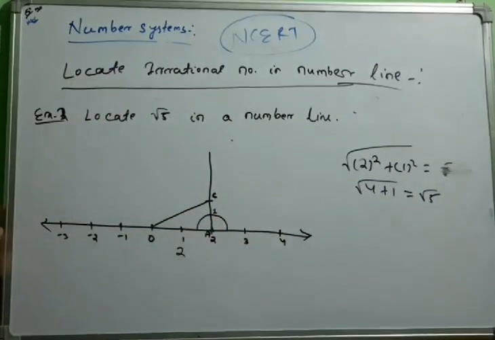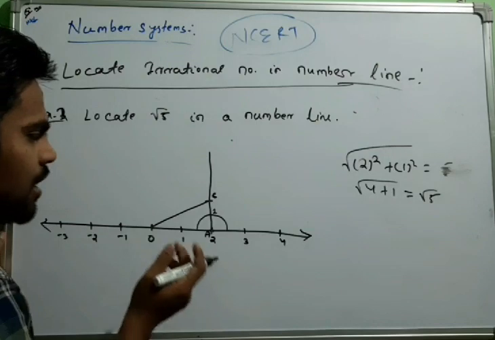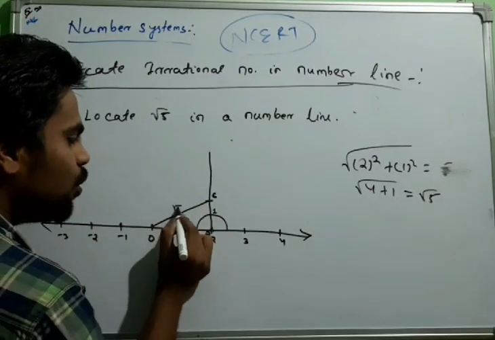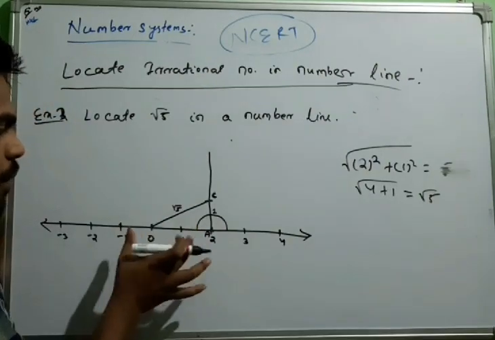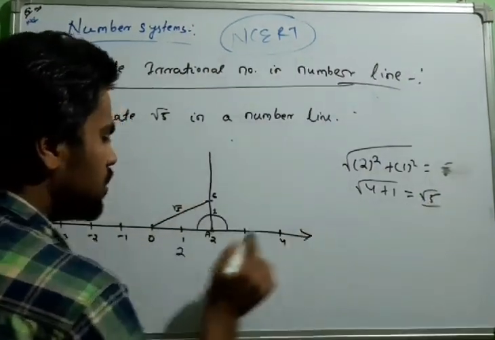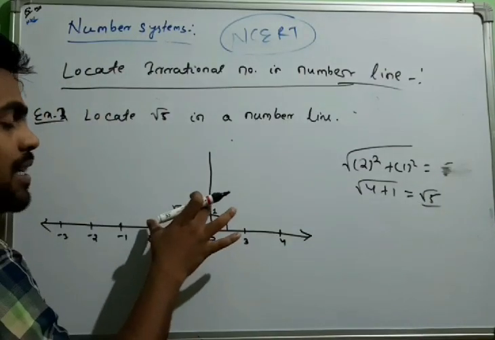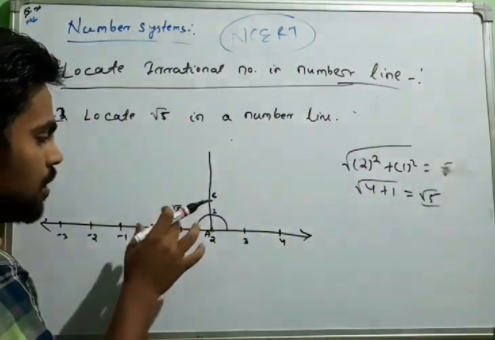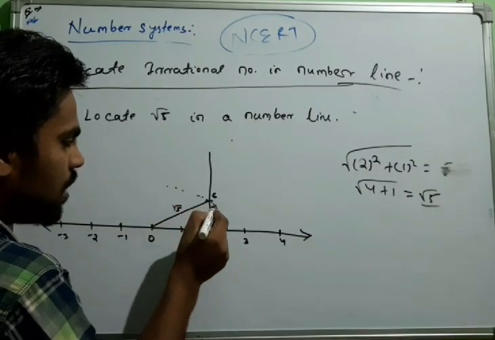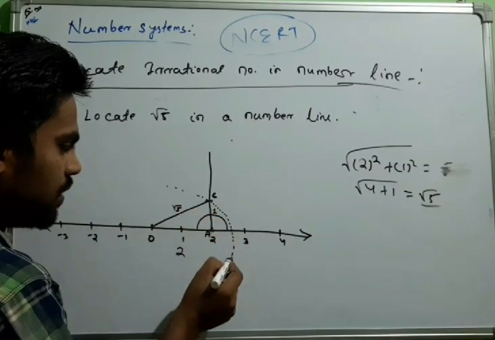Join OC. So take your compass and OC as a radius. This value is how much? Root 5, because the square root of 2 squared plus 1 squared is root 5. So take OC as a radius and make a circle. Now with the help of the compass you can easily draw this.